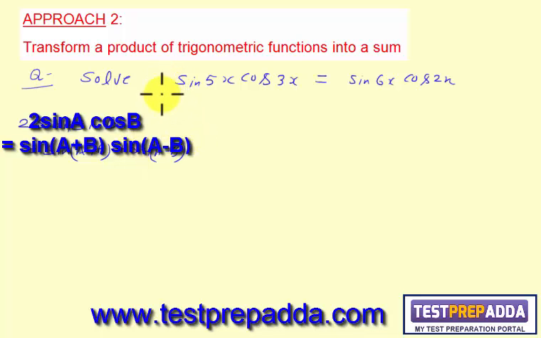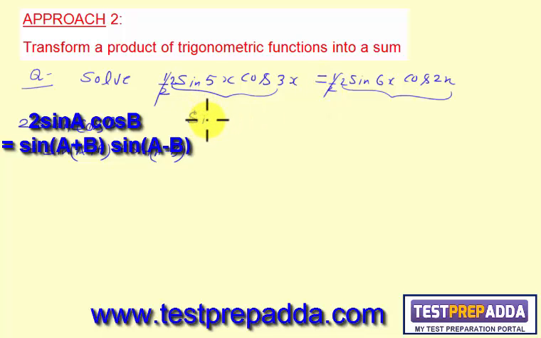So if I multiply and divide by 2 here, then this is 2 sin A cos B, and here also 2 sin A cos B. In that case the half will get cancelled.